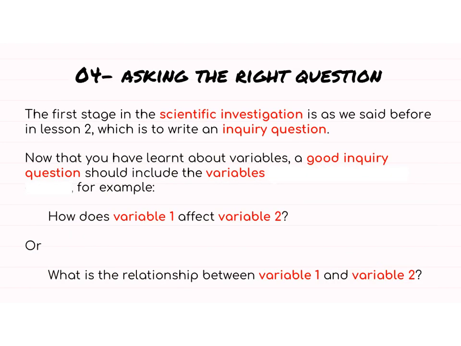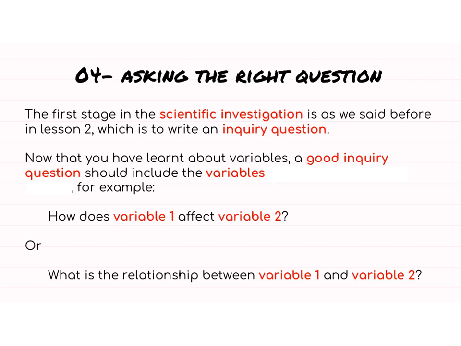Guys, in the previous session, we learned that the first stage in the scientific investigation is to write a good inquiry question. Now, because we learned also about variables, a good inquiry question should include the variables too, but it should include only the dependent and the independent variables. You can't mention the controlled variable in a given inquiry question.